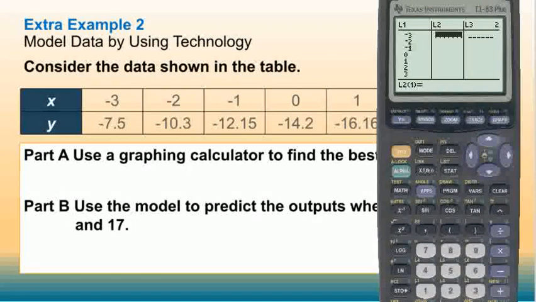And on the other side, we got -7.5. We have a -10.3. You got a -12.15, a -14.2, a -16.16.